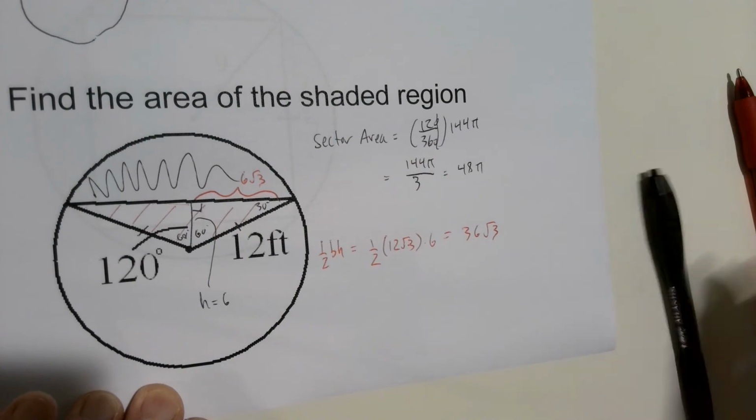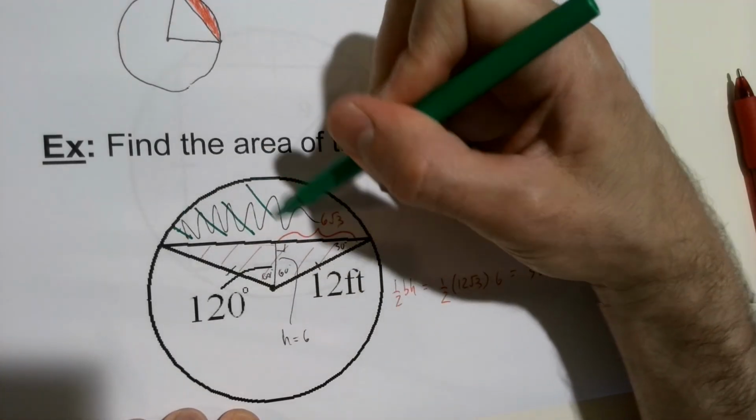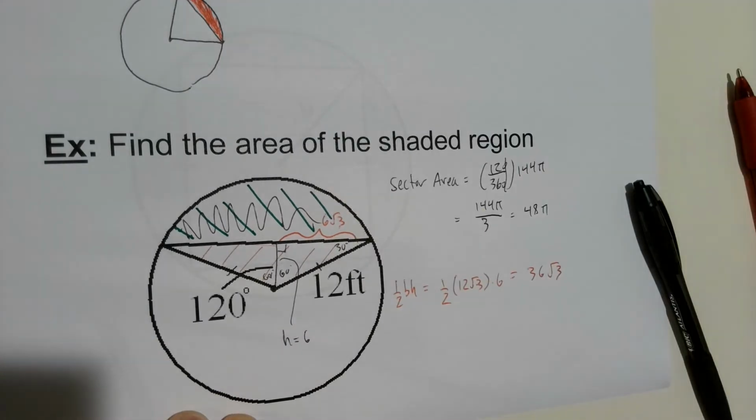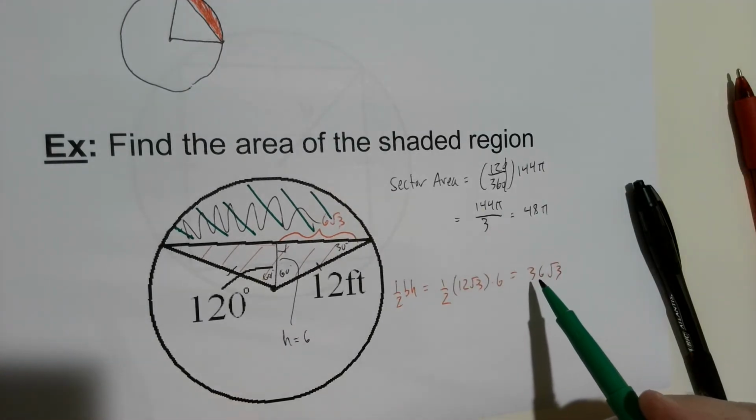And so to get the area that we're looking for, I'll go ahead and color that in green here. To get that area, we're going to do 48 pi minus 36 root 3.